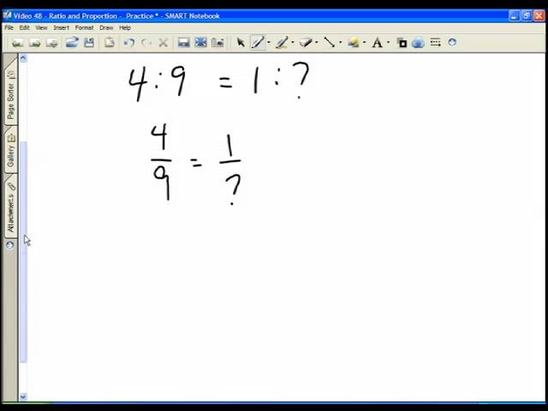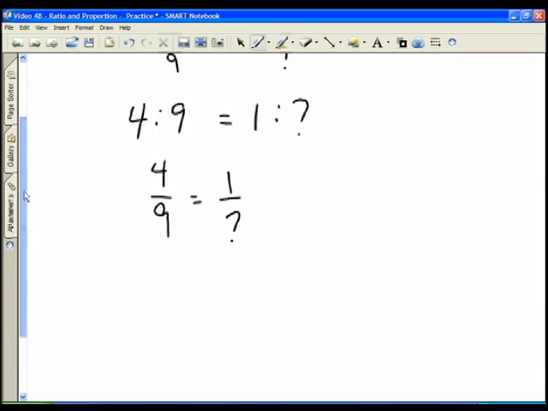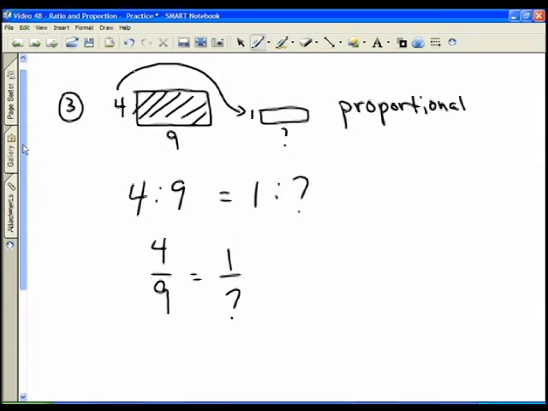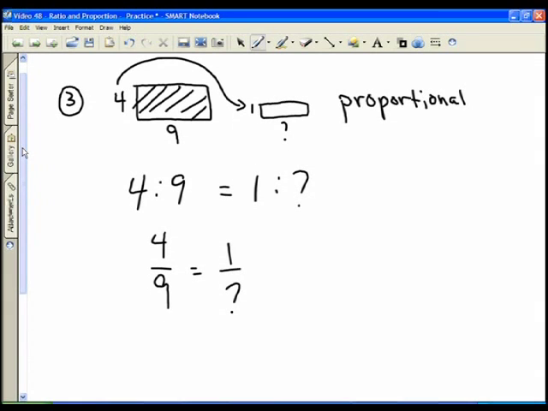So we can do one of two things here. If we don't like the unknown in the denominator, right, we could write the ratio in a different way. We could write question mark to 1 is equal to 9 to 4.